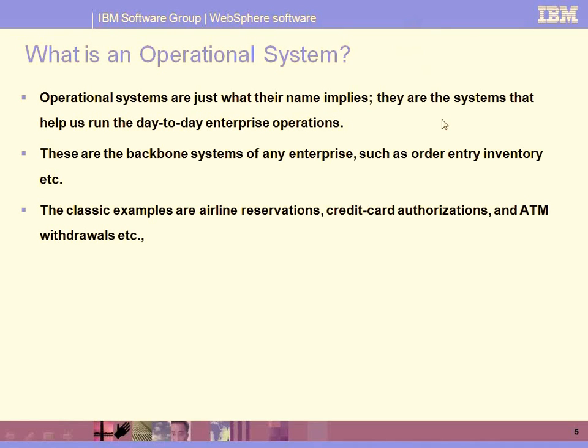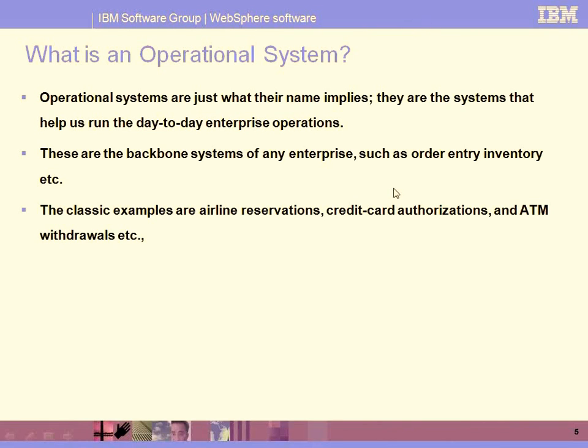Okay, right. First, we want to discuss what this operational system is, what kind of operational systems there are while implementing any data warehouse, and what are the major systems which are going to be implemented under this operational system. If you are running any particular business, each and every business will have some operational systems.